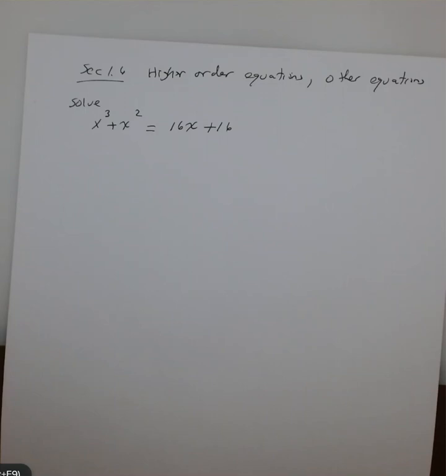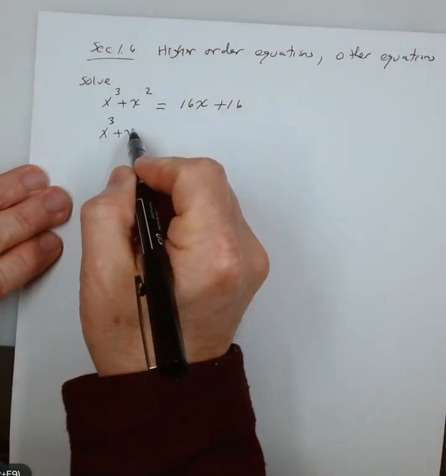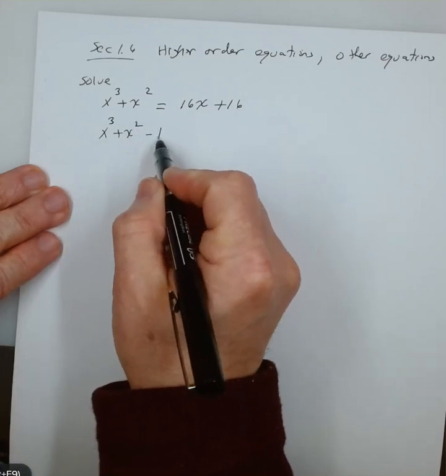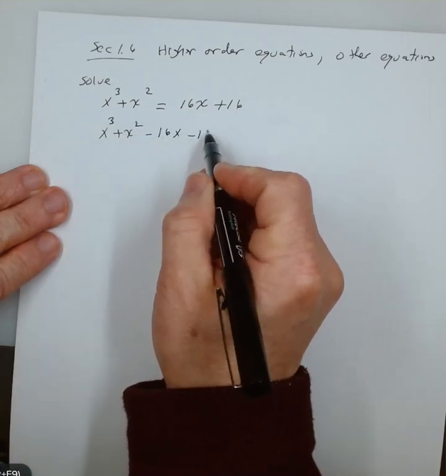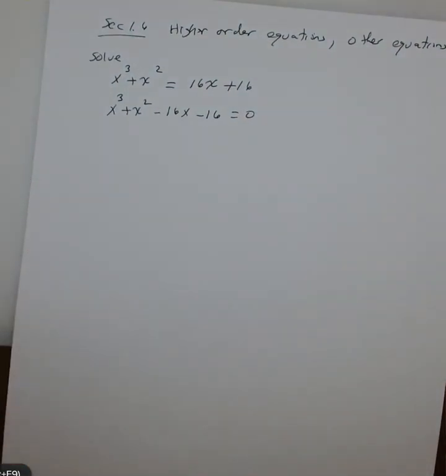So in solving this higher order equation, you want to bring everything to one side and have 0 on the other. So when I do that, I'm going to get x cubed plus x squared minus 16x minus 16 equals 0. So that'll be your first step.